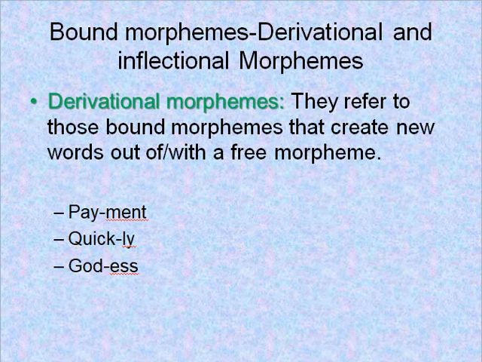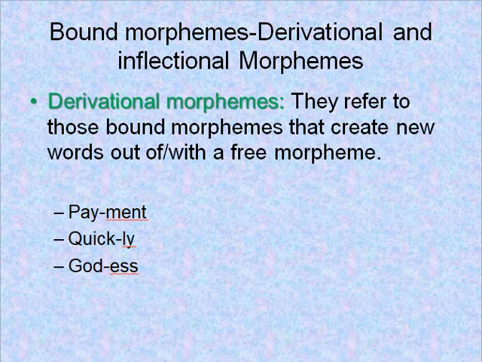The product of this process is the bound morpheme, which should be attached to other morphemes, and these bound morphemes can create new words out of or with a free morpheme.